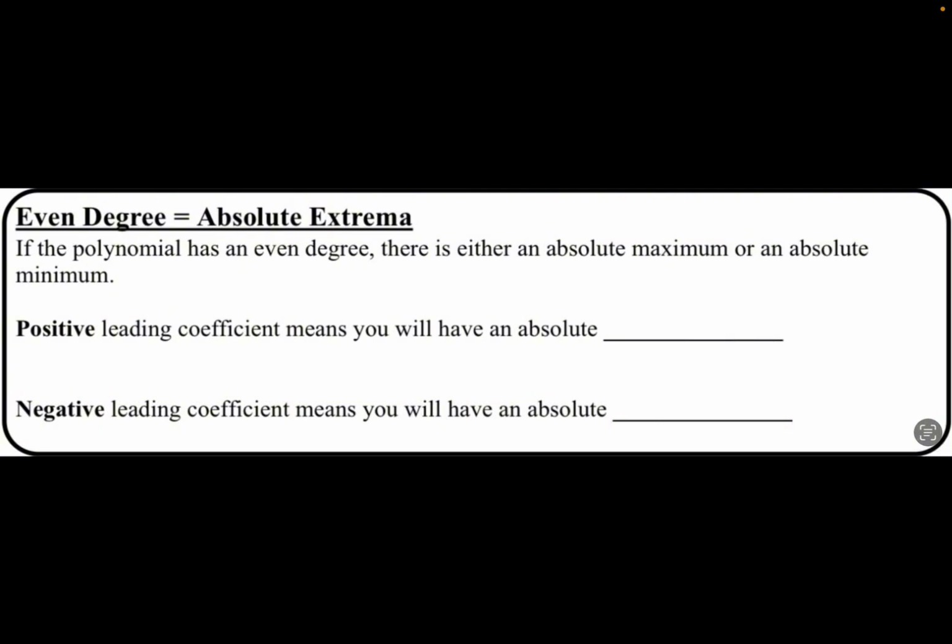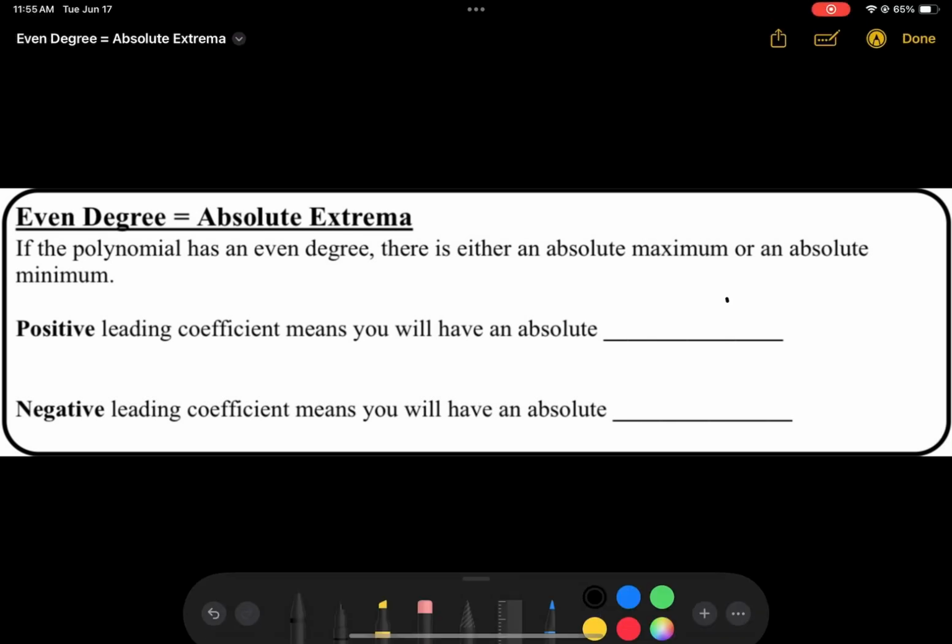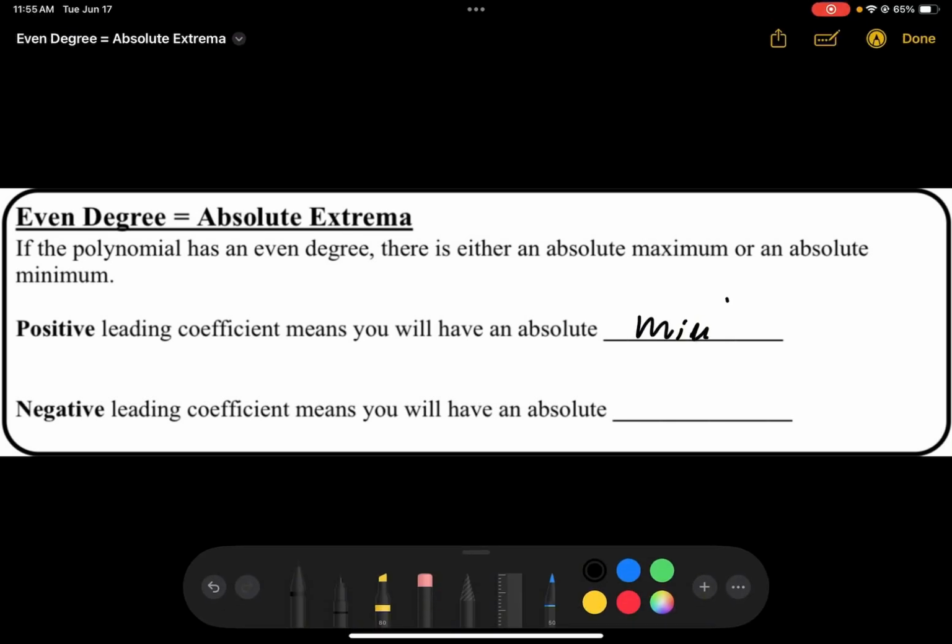Even degree equals an absolute extremum. If the polynomial has an even degree, there is either an absolute maximum or an absolute minimum. A positive leading coefficient means that there's an absolute minimum, and when the leading coefficient is negative, there is an absolute maximum.